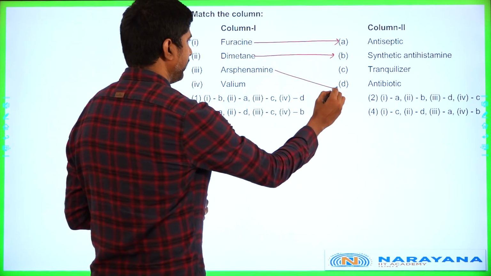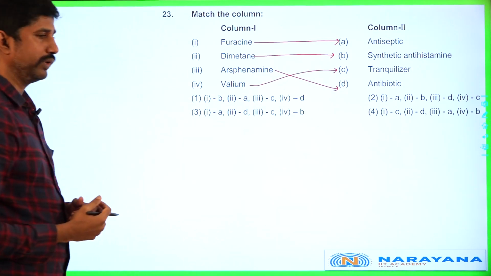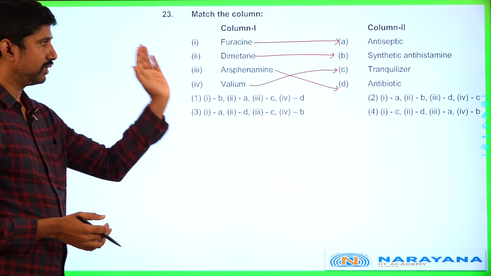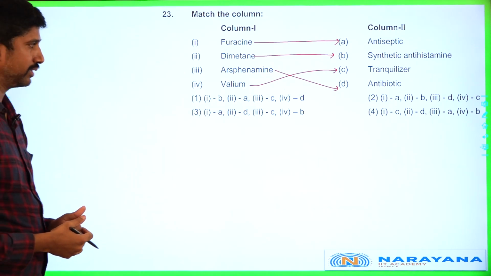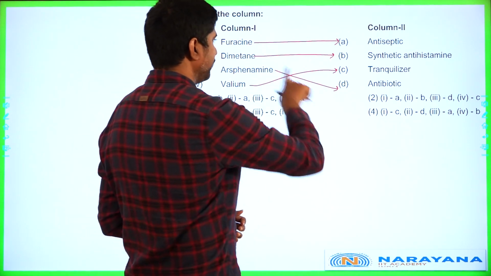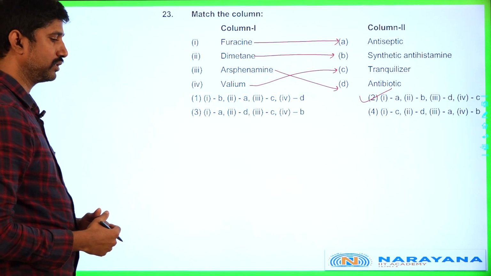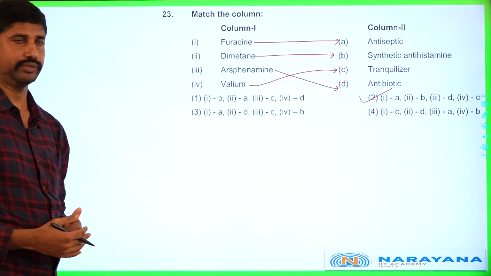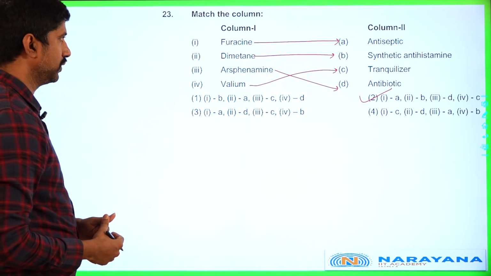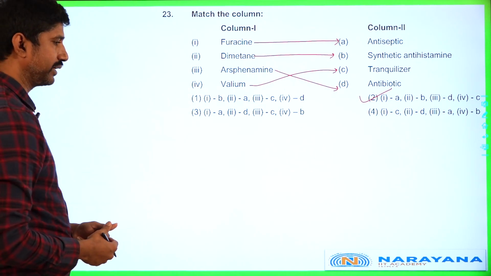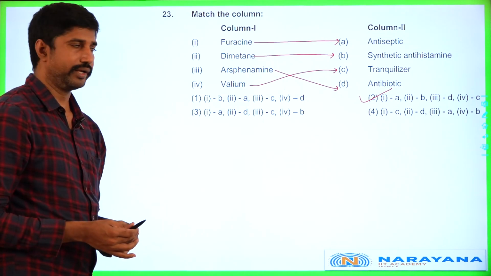Arsphenamine is an antibiotic, and Valium is a tranquilizer. So we have direct statements of drugs and their purposes, direct answers we can say. For this matching, we can go with option 2. For 23, option 2 we can give. It's direct matching. The structures and functions we can directly refer to in NCERT context.